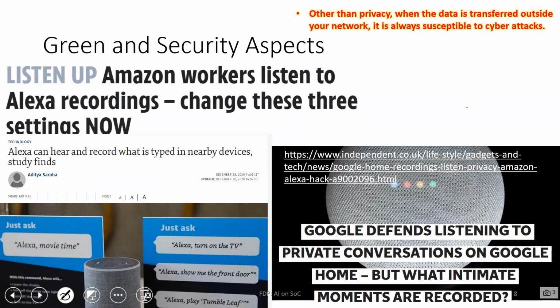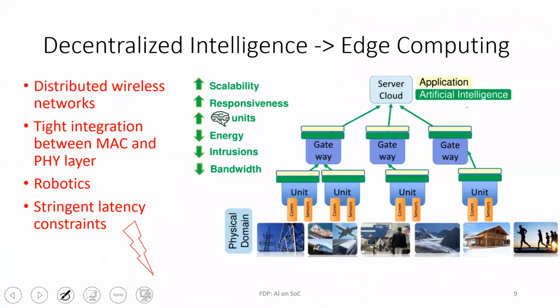Okay, and IoT attacks are also an important issue which needs to be tackled, because these IoT devices can be manipulated to attack your cloud network itself, so that you get a huge number of queries to the cloud and your network goes down. So that is also another reason.